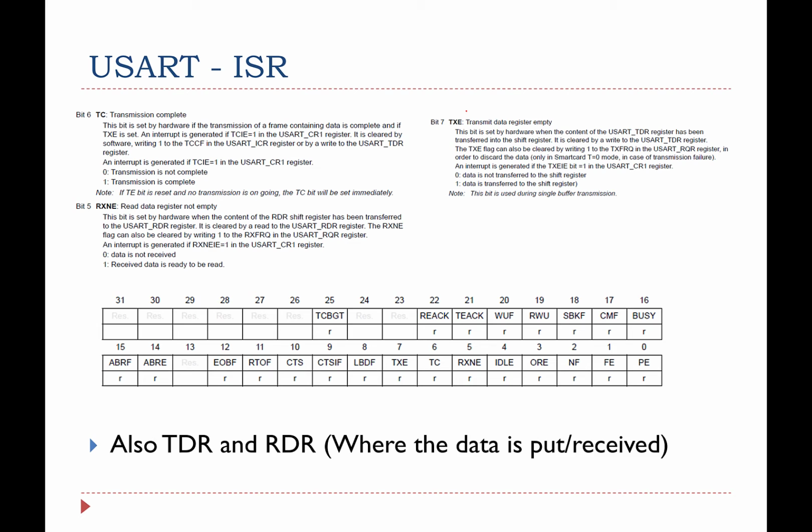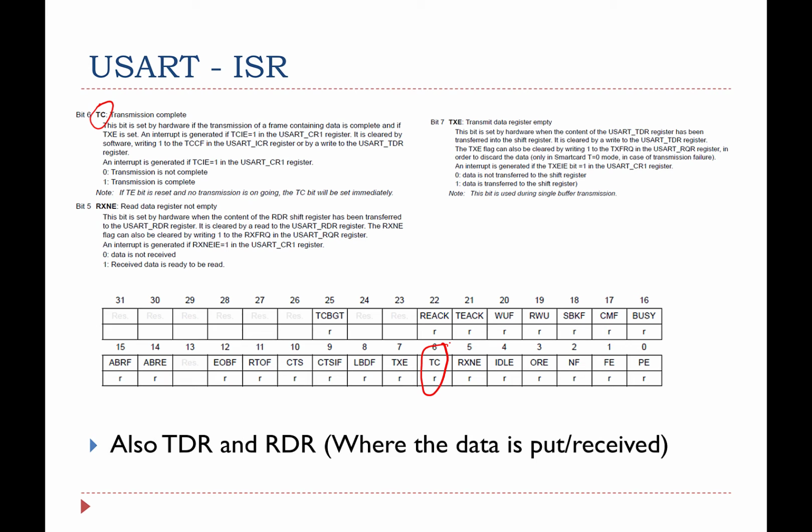Finally, let's look at the status register. We have a couple of basically flags here that are important to us. One is the transmission complete flag that we said would be set, and notice that is bit 6. And just as a reminder, transmission is complete when we get a 1 on that bit. It talks a little bit about interrupts here as well, but again, we're not using interrupts.